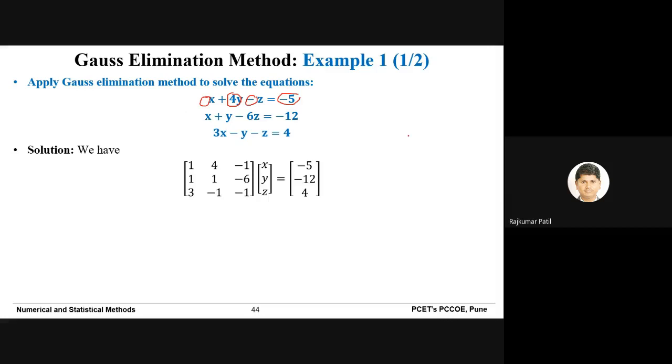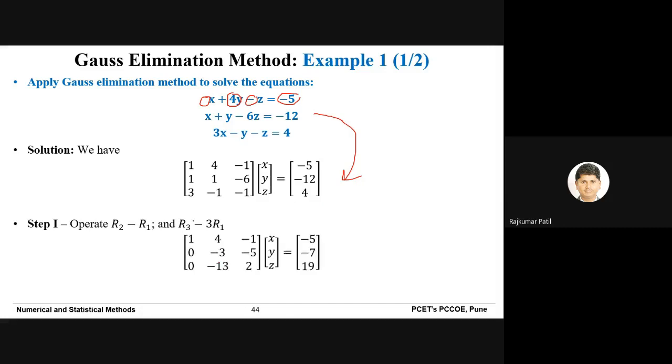Then in step 1, generally we write the given equations in matrix form. Once we write this in matrix form, we do certain operations and slowly make the coefficients below the main diagonal 0.